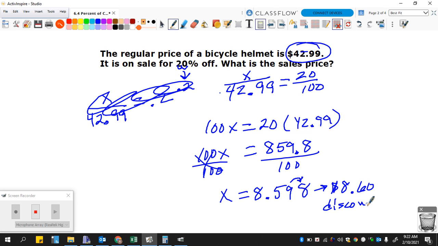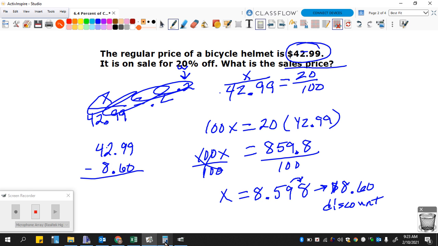That's the amount of discount, but that's not what it's asking for. It's asking what is the sale price. So we're just going to say 42.99 minus $8.60.